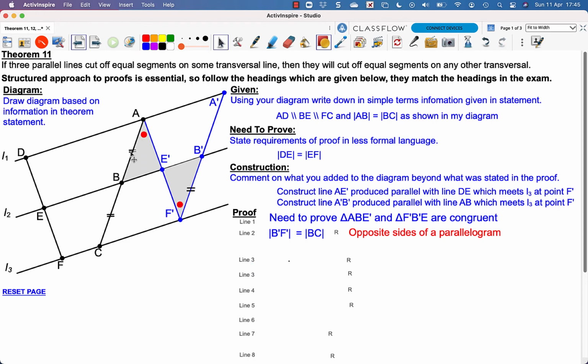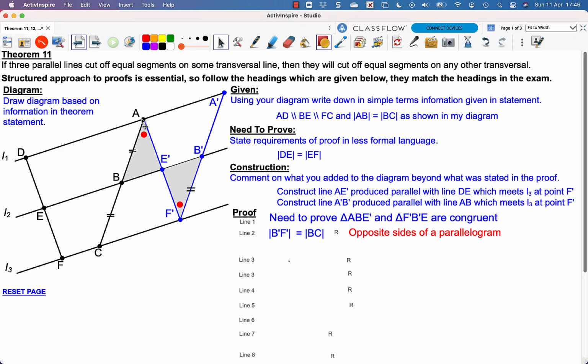Okay, so what else do we know from this diagram? Well, we actually do know that these two angles are equal. They look the same. Are they the same? Let's have a look. This line here and this line here, by construction, are parallel. If those are parallel lines, then this line is the transversal.